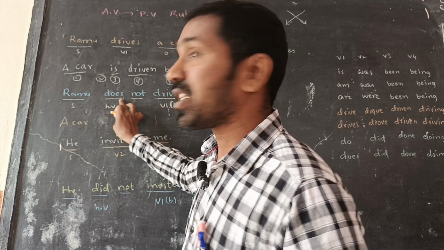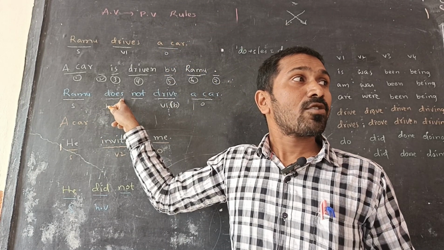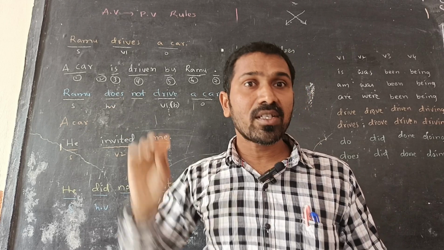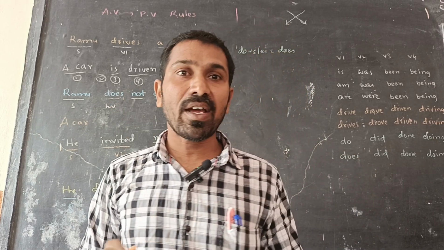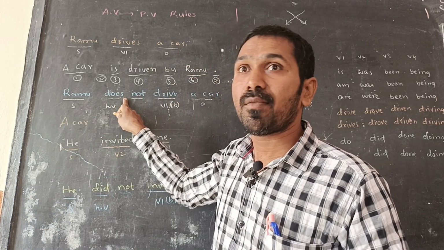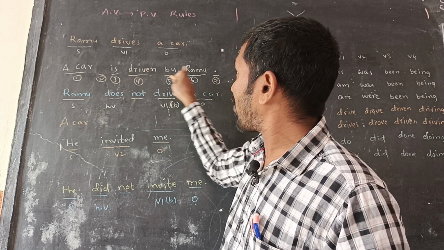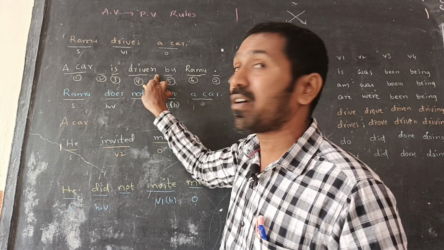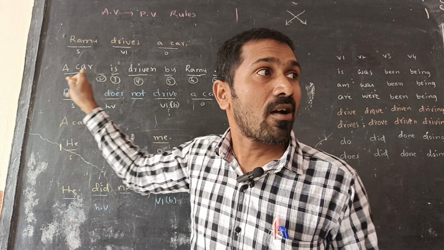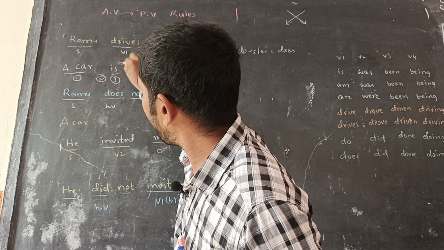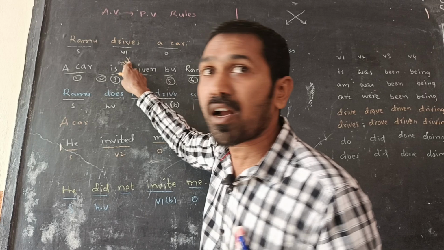Here, why we have used this do forms? Because to make negative, we need compulsory some helping verb. So that is why we have used does not. But in passive voice, a car is driven by Ramu. For this statement, it is easy for us to make not. See, if you simply put not here, you can put here not.